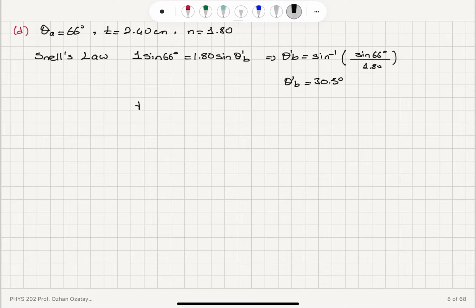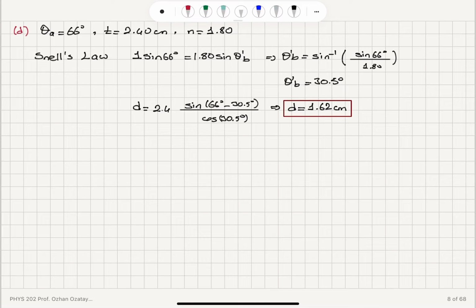Therefore, substituting into my offset formula, D is equal to 2.4 centimeters multiplied by sine of theta A, 66 degrees, minus theta prime B, 30.5 degrees, divided by cosine 30.5 degrees. This gives me D equal to 1.62 centimeters. That's the total amount of offset in the beam direction.